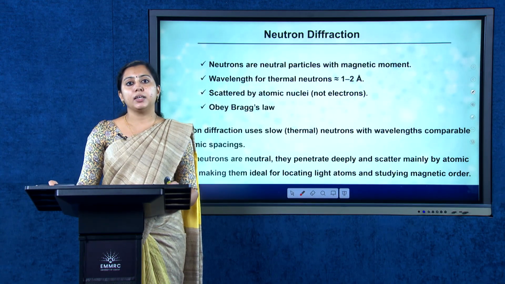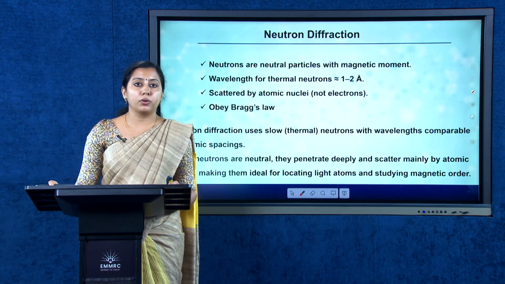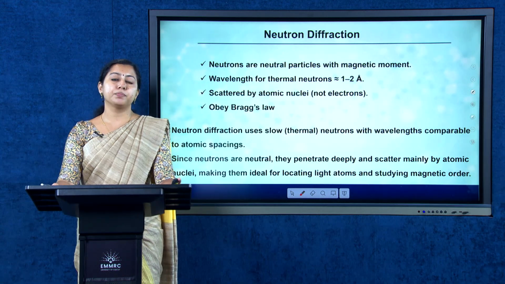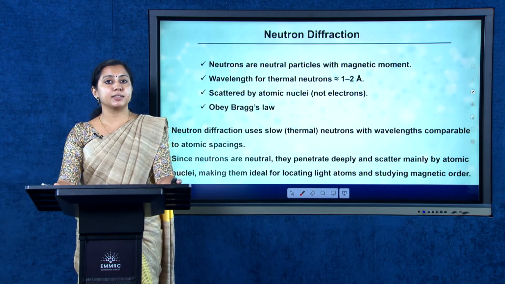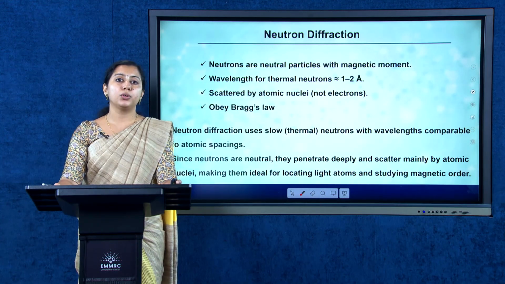Now, we will see another diffraction method, namely neutron diffraction. As we discussed earlier, along with X-rays, electrons as well as neutrons show diffraction.